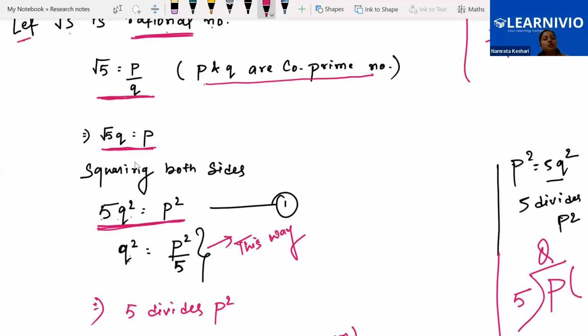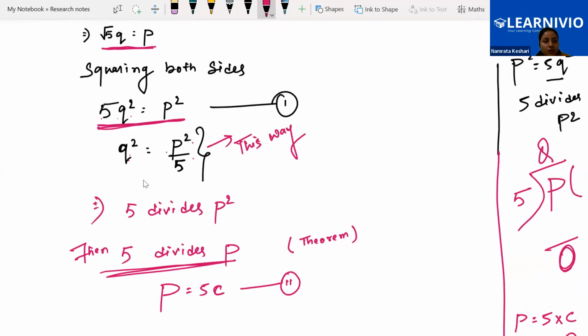We can write it as Q square is equals to P square by 5. Now it is clearly visible that P square is divisible by 5.